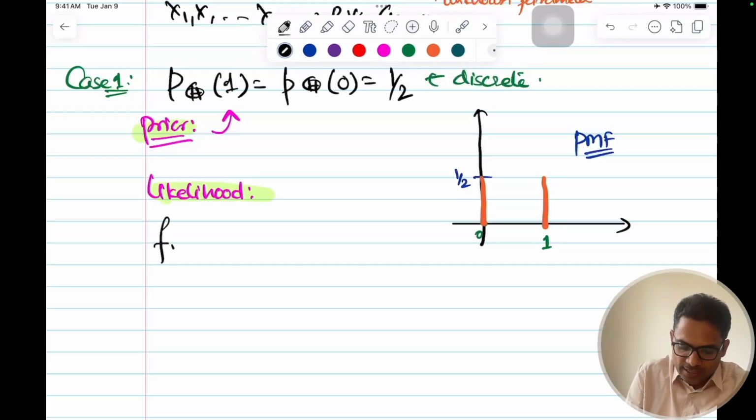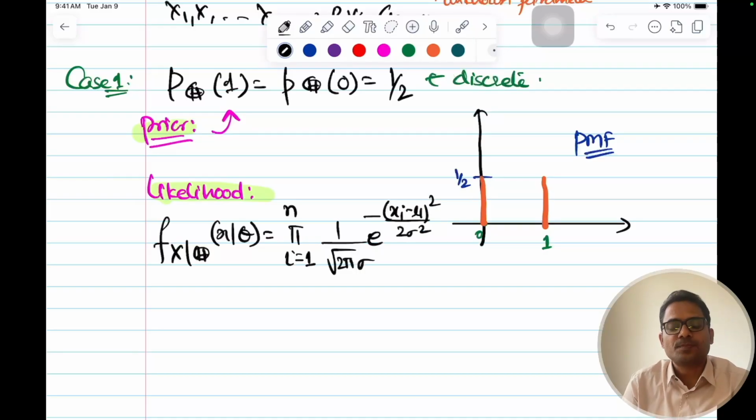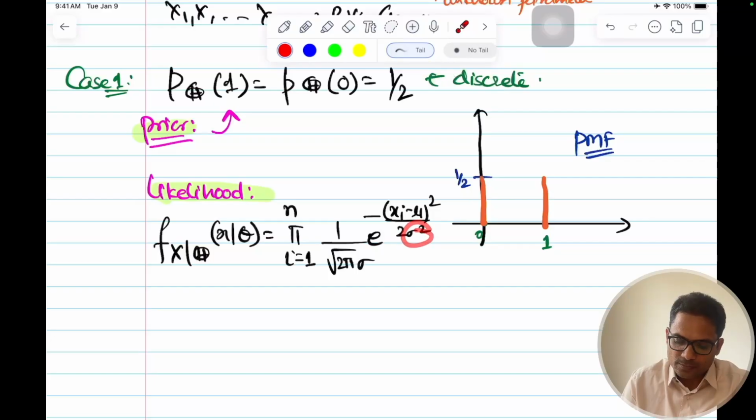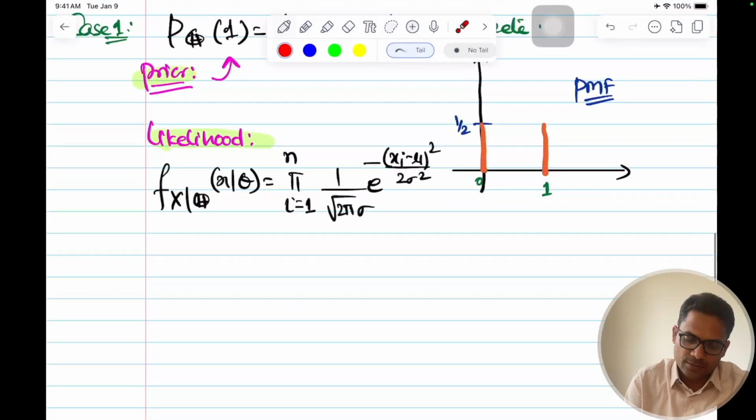So this will be f of x given theta, which is the product over i equal to 1 to n of 1 by root 2 pi sigma times e to the power minus (xi minus mu) whole square by 2 sigma square. This is our Gaussian. By now you should be used to this. So we know that sigma is equal to 1.